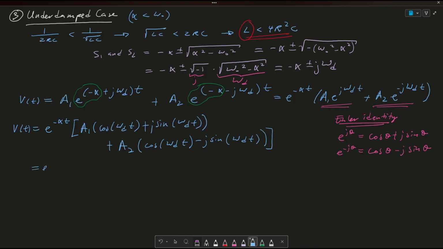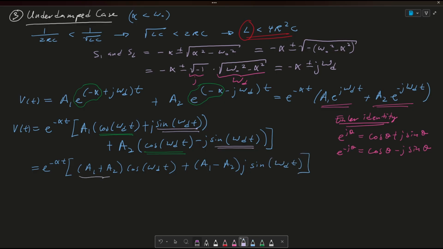If we keep going, this is equated to e to the minus alpha t times, let me isolate this term cosine omega d t from here and here. So I'm actually going to be left with a1 plus a2 times cosine omega d t. And then plus, if I do the same thing, if I isolate the sine omega d t from here and here, I'm left with a1 minus a2 times j sine omega d t.